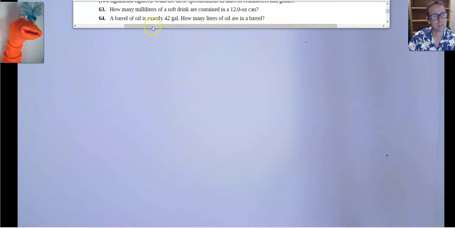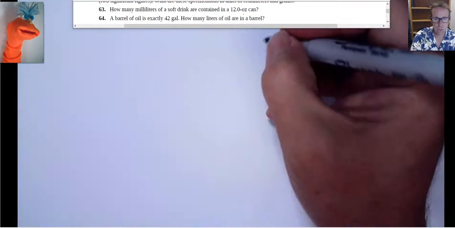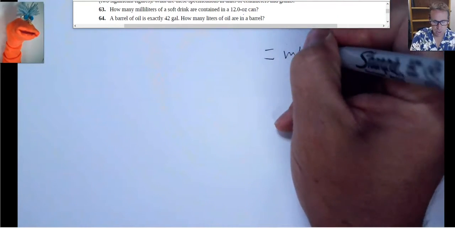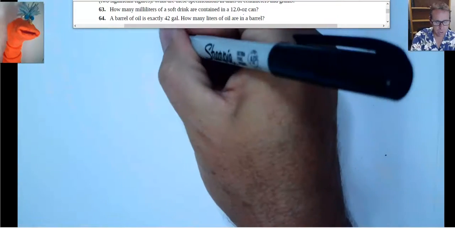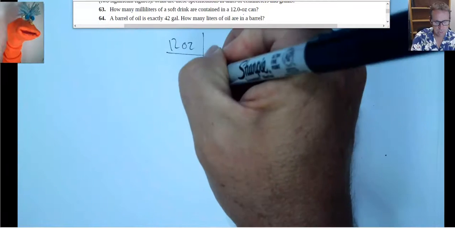How many milliliters of a soft drink are contained in a 12-ounce can? Do you know the relationship between ounces and milliliters? That's volume, right? No, I don't know. So milliliters is what we're after. So I write milliliters here, and I'm starting with a 12-ounce can.